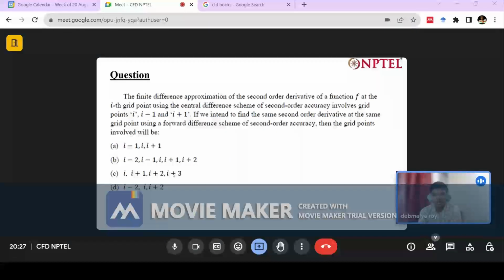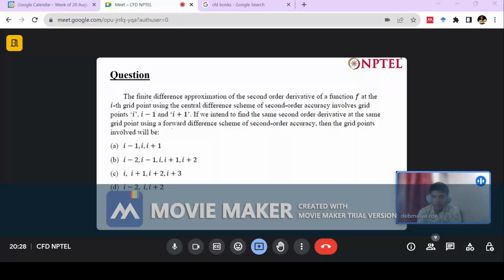So similar question again. The central difference scheme is there, and here it is asked about the second order derivative with a second order accuracy. It is asked how many grid points will be required.